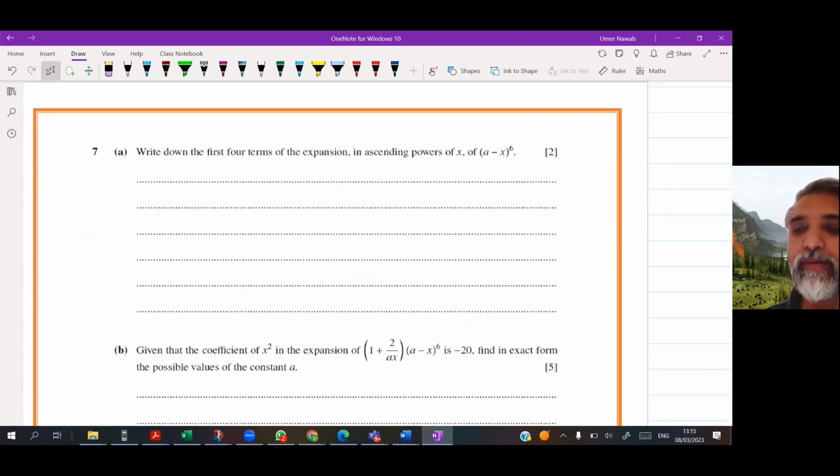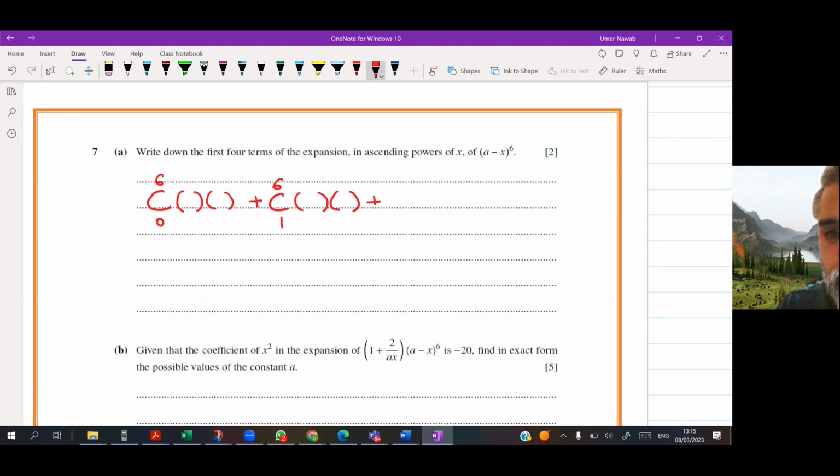Write down the first 4 terms in the expansion. 6c0, 6c1, 6c2, 6c3, with powers of a 6, 5, 4, 3 and x powers 0, 1, 2, 3.